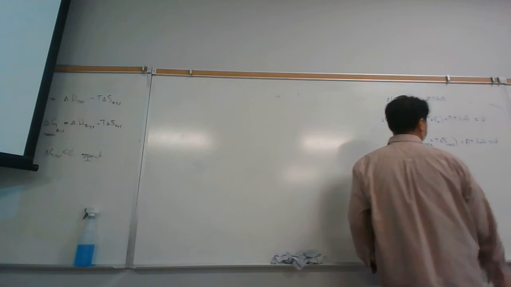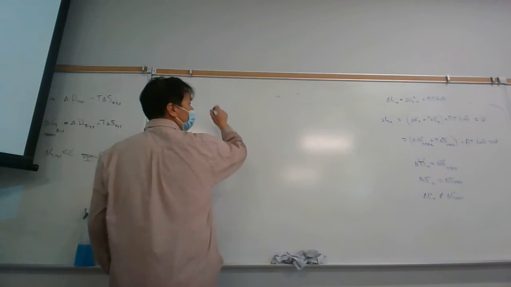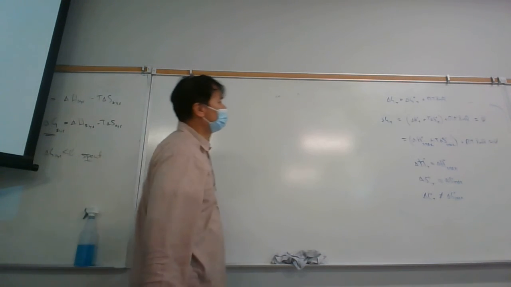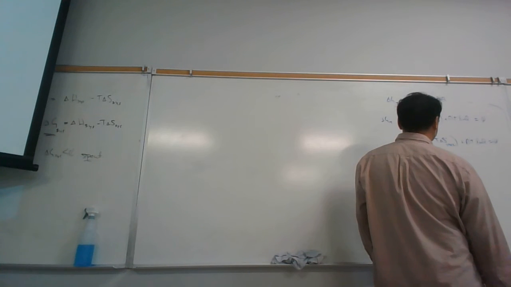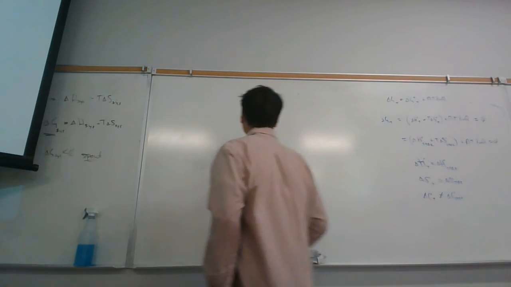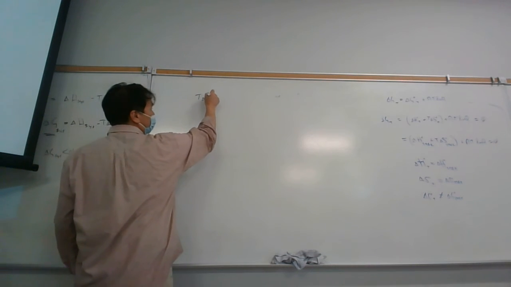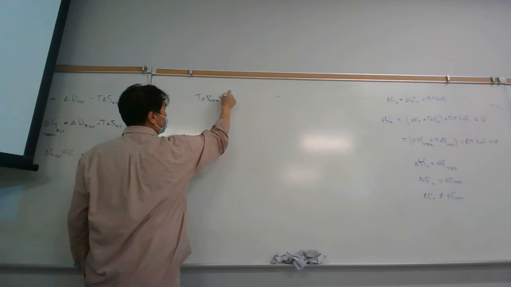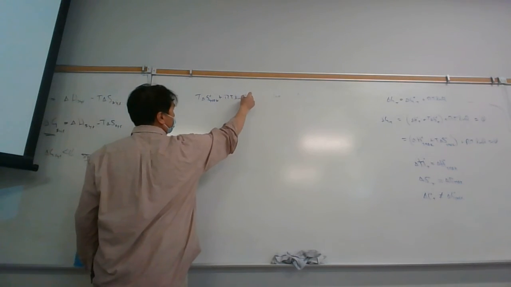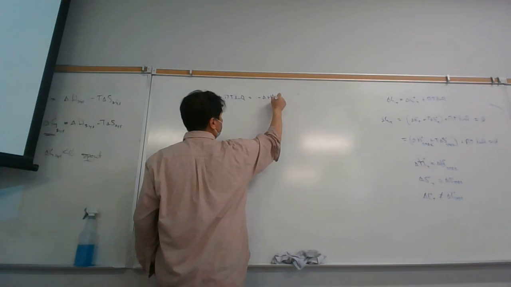I'm going to subtract the RT ln Q element from both sides. Actually, no. I'll subtract the delta H from both sides. Let's do that. So I'm going to get T delta S naught at 298 Kelvin plus RT ln of Q is equal to minus delta H naught at 298 Kelvin.